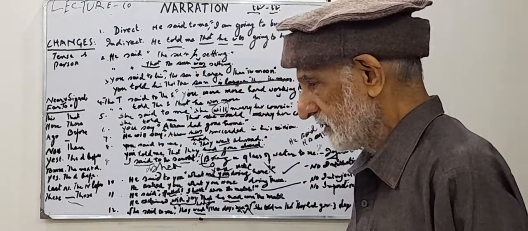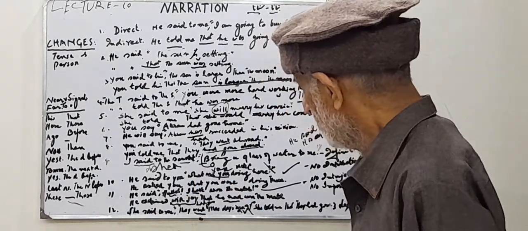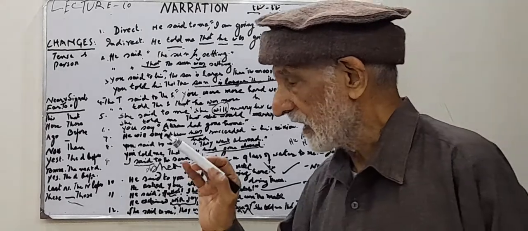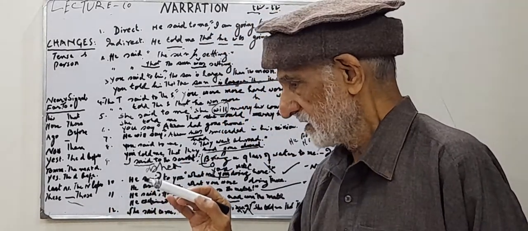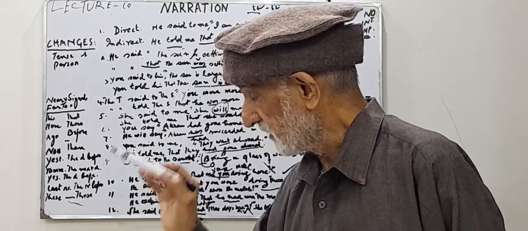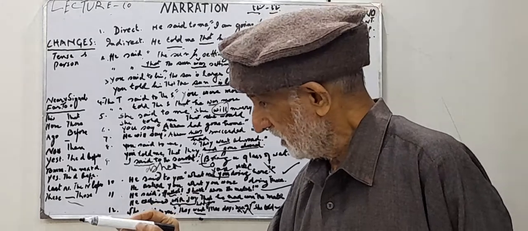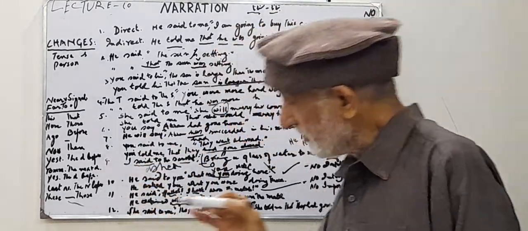And when you are talking of something illegal, immoral, for instance, we are talking of theft, you will write first person first and third person after first person and second person last of all.